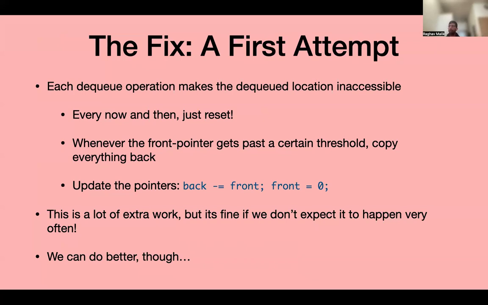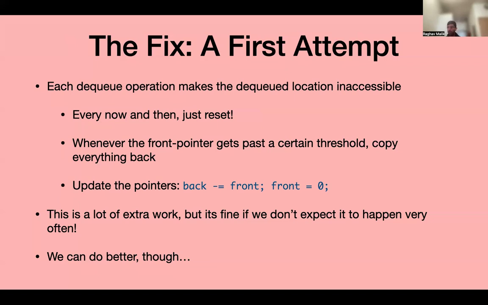And maybe based on how I'm using the queue, I know that this is not going to happen very often. If what I'm going to be doing is inserting a bunch of stuff at the beginning, doing some operations, and then removing everything, I don't have to worry about inserting after removing, and so I don't have to worry about this space getting wasted, and so I don't really have to worry about copying everything over.